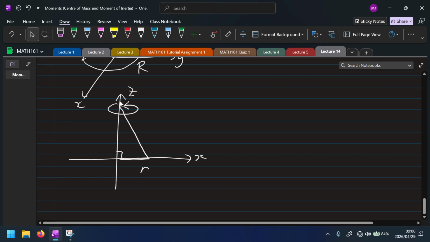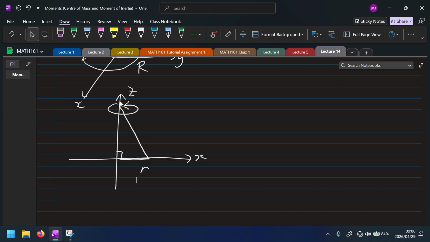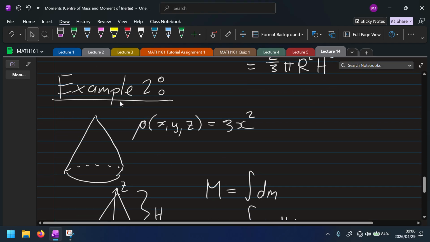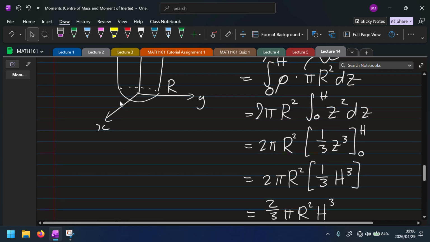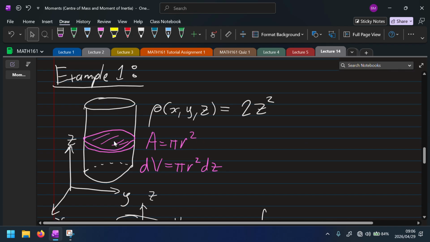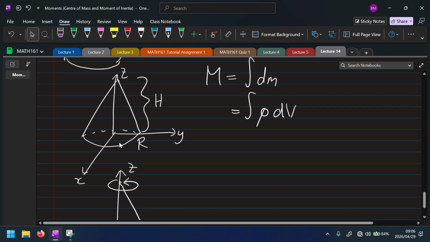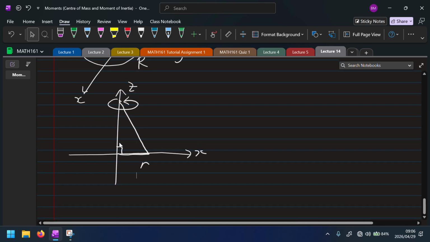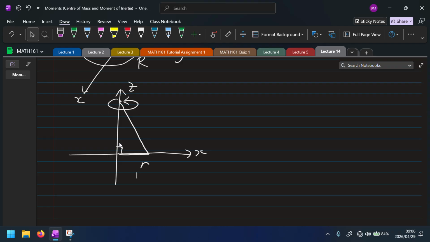So what will dv be in this case? Like we had over here. So we cut it up. We got dv. So this one here, we're going to have to do something similar. No, not the area of the triangle, the shell, the volume of the shell.